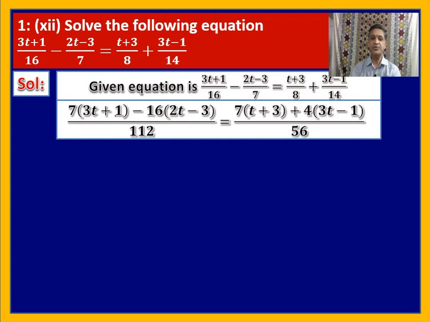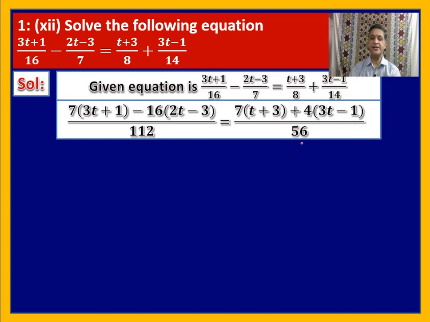So 7 into (3t plus 1) minus 7 cancel in 112 16 times, 16 into (2t minus 3) is equal to, for right side, the LCM of 8 and 14, there is a common factor, 2 is a common factor. So LCM is 2 into 4 into 7, that is 2 into 4 is 8, 8 into 7 is 56. So 56 is the LCM.